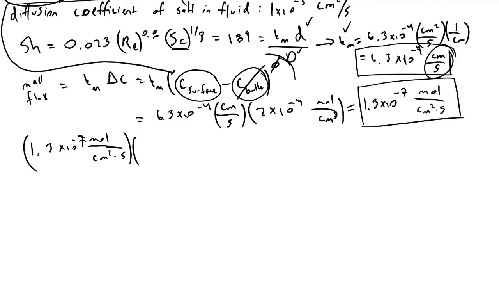And we're going to multiply this by, so we know that there's 100 centimeters in 1 meter, and then because we're dealing with square centimeters, we're going to square every quantity within these brackets. And if we do that, what we would find is that this would be equivalent to 1.3 times 10 raised to the minus 3 mole per square meter per second.